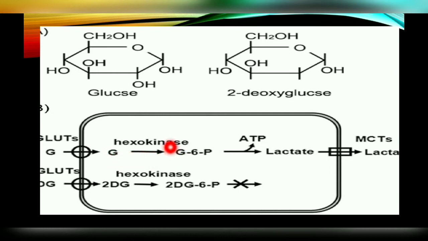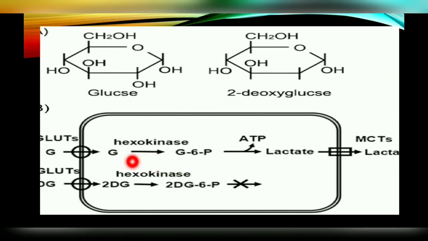Now what happens, through the GLUT transporters, the glucose enters your cell and is converted to glucose 6-phosphate here and further to pyruvate and then lactate, and then there is production of ATP. This is what happens generally, usually. So what happens when you give 2-deoxy-glucose?